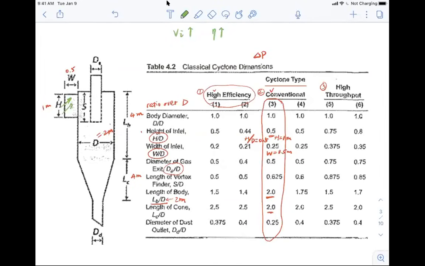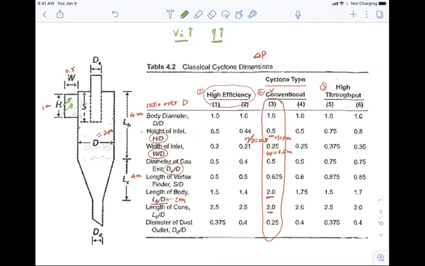Because they are introduced inside with a higher velocity, and then it requires a larger centrifugal force. And if the drag force cannot support that, the particles are going to get collected onto the wall, right? It's just going to collide with the wall here. So basically, the higher the velocity, the higher the efficiency.